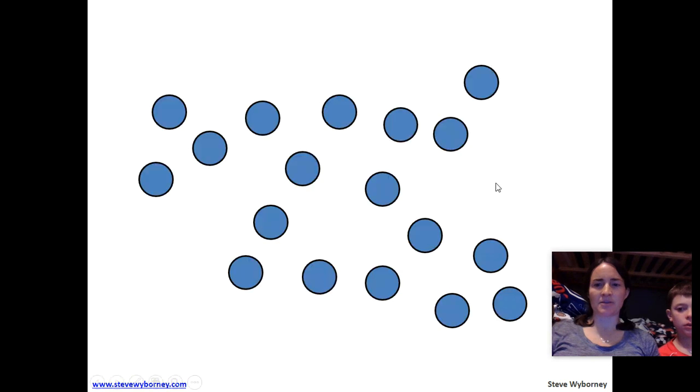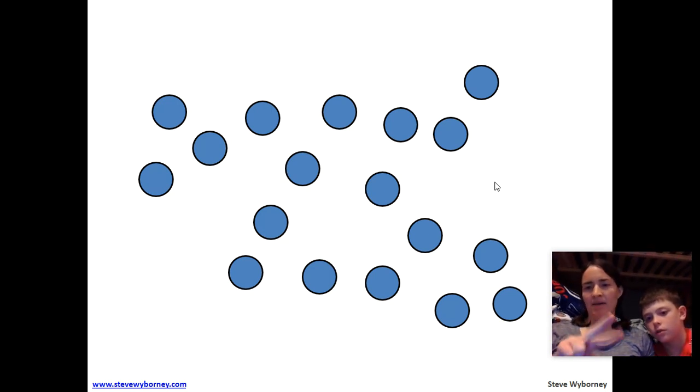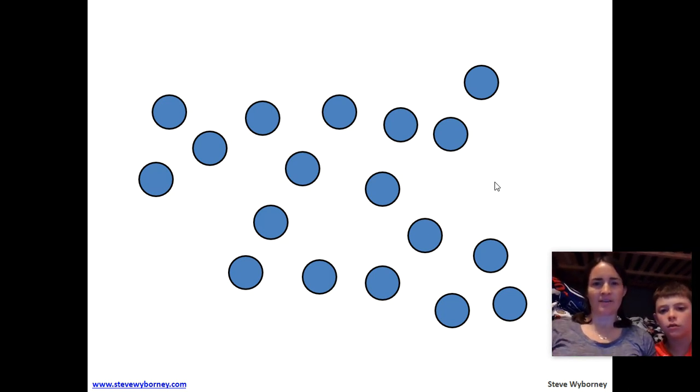First thing we're going to do is figure out how many dots there are on this slide. Again, you can pause if needed. I know you can't see what Patrick's doing, but he's counting by twos. That's the strategy he's using here. 18.